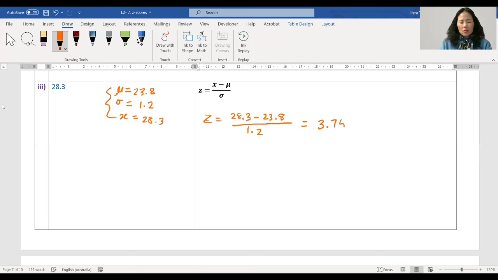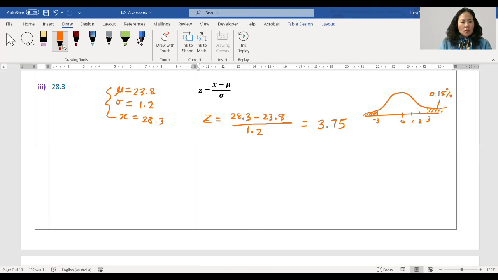Whoa, that's a lot, isn't it? If you think about it, part of the 0.15%, because at the other end here it's this one. Okay, so they always have two tails. Wow, that's like 0.15% of the population that will get the 28.3.